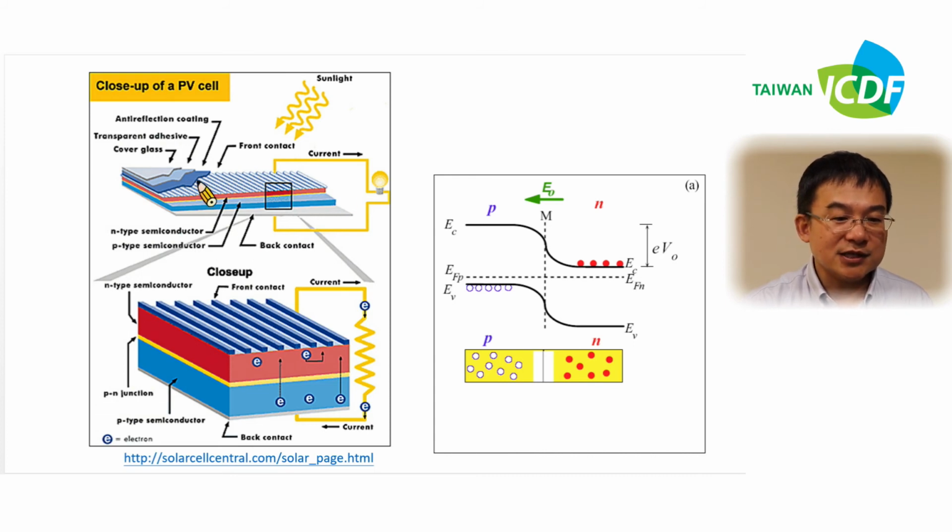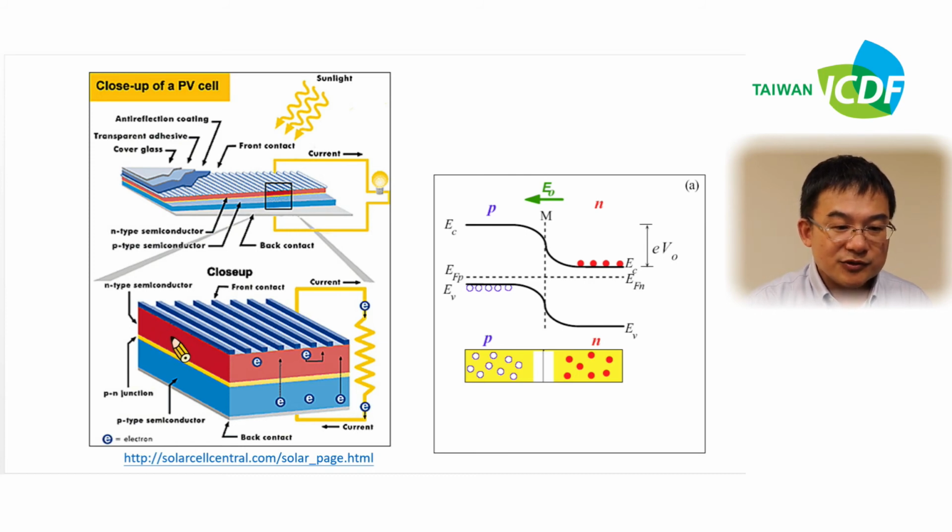This figure is the detailed structure of the solar cell. The first layer is the cover glass to protect the solar cell module, and the second one is the transparent adhesive. The third one is the anti-reflection coating. We just talked about that. And the center of the solar module is the PN junction.